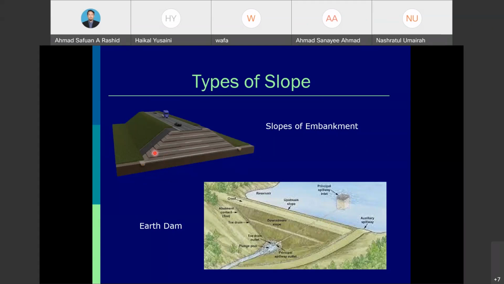Compared to the slope of embankment, it is not necessary to carry out seepage analysis, first, because the groundwater level is far. But if we are interested in the stability due to rainfall, we need to include the rainfall infiltration in the analysis.